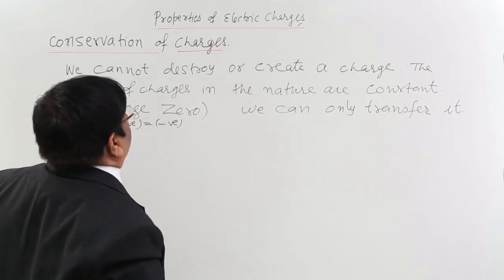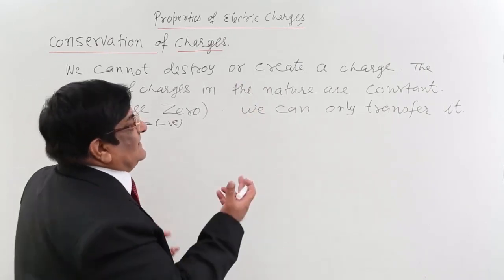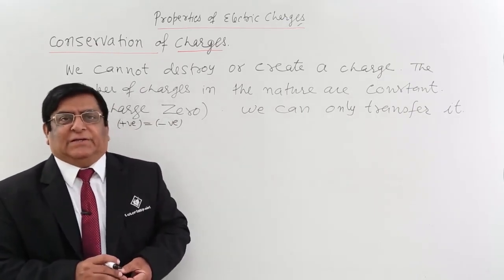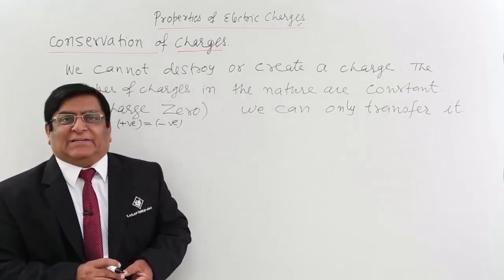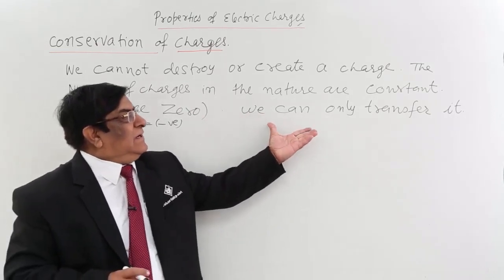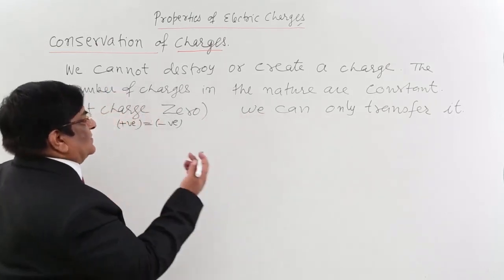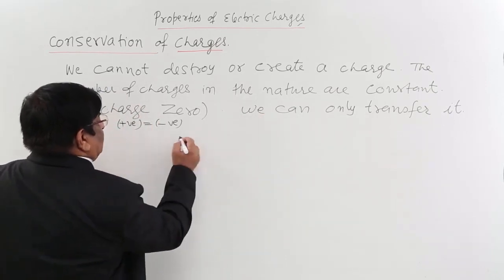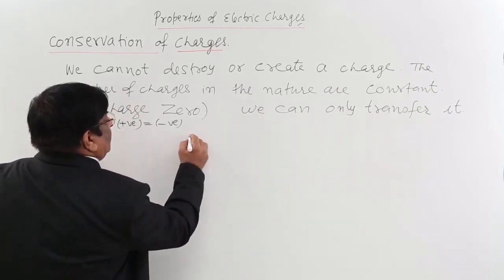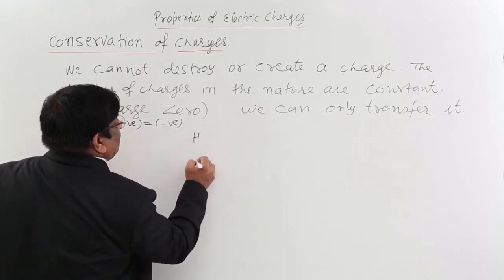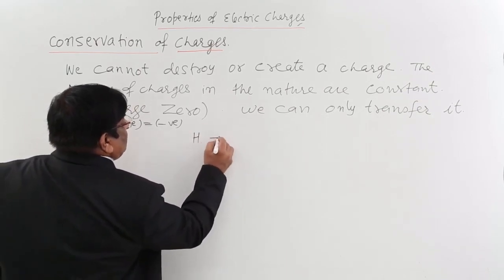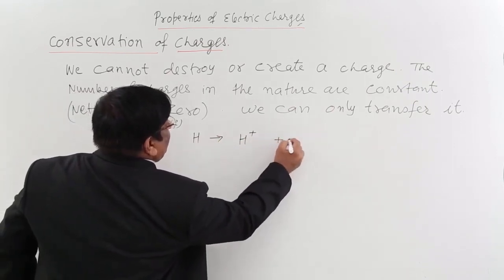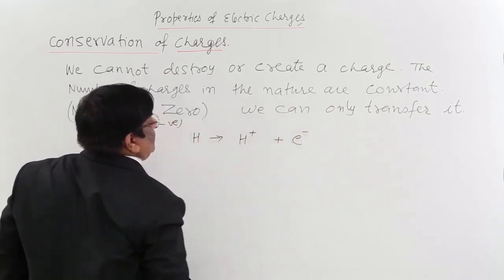Okay, so we see this in every process. All the chemistry you have studied and all the processes in that are giving us these examples. Any process you see, for example, when we make an ion, H converts into a positive ion and one electron which has a minus charge.